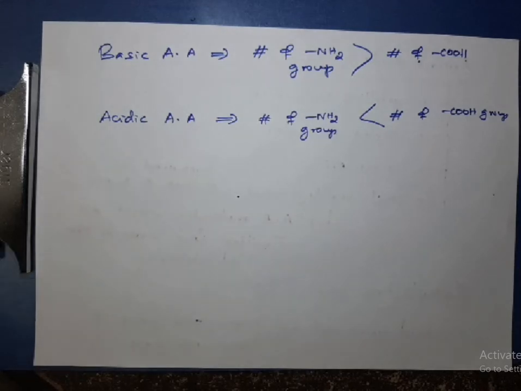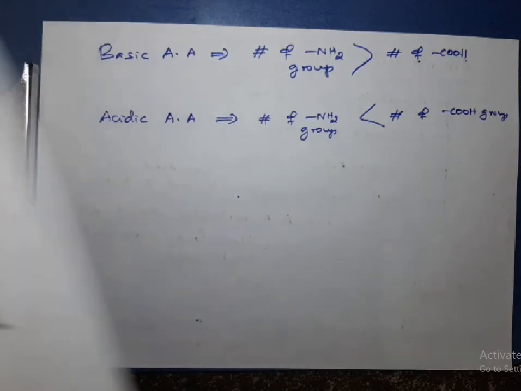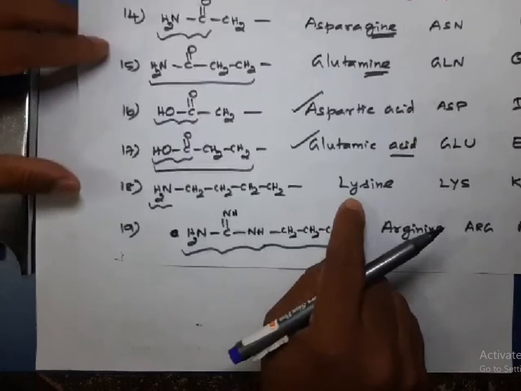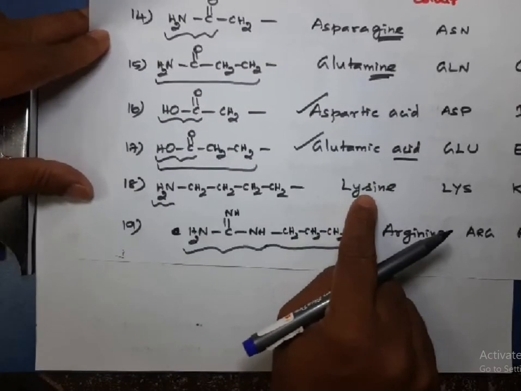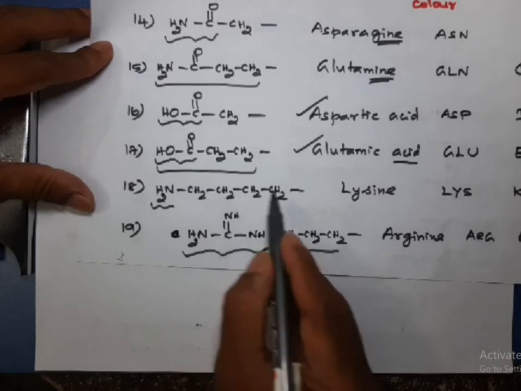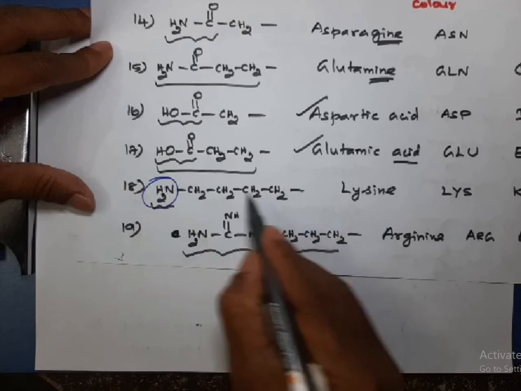Last class we discussed all the structures. Lysine is an example where the R group contains one amino group. This R group is connected to an alpha carbon.